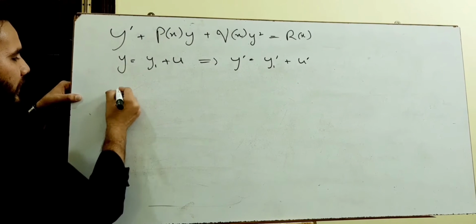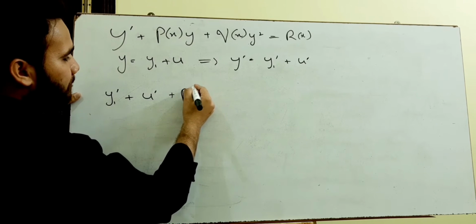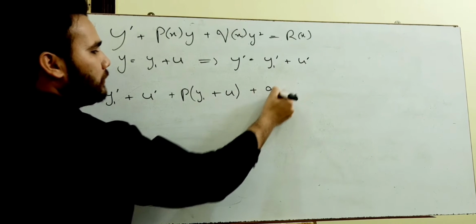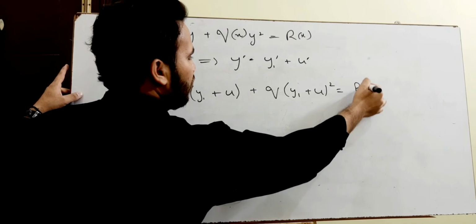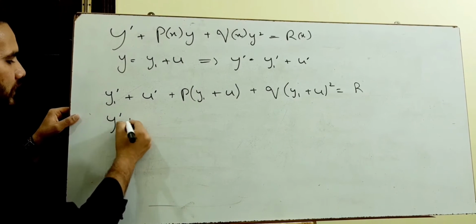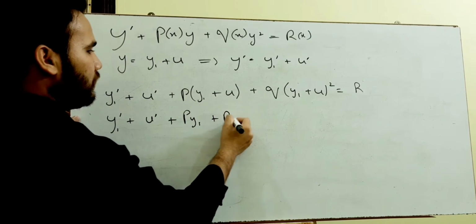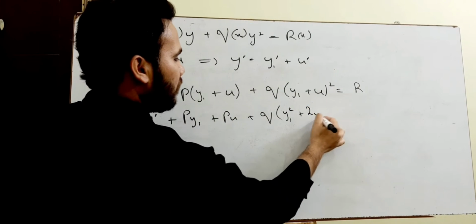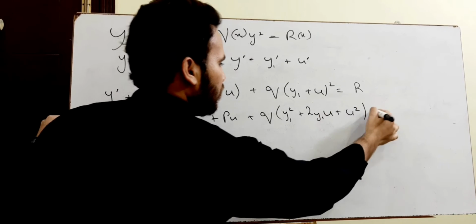So y1 prime plus u prime plus p times y1 plus u plus q times y1 plus u whole squared equals r of x. Then y1 prime plus u prime plus p y1 plus p u plus q times y1 squared plus 2 y1 times u plus u squared equals r.